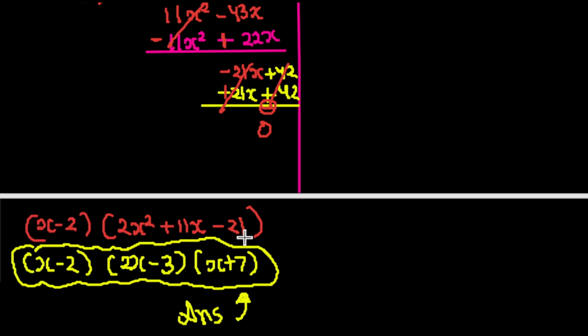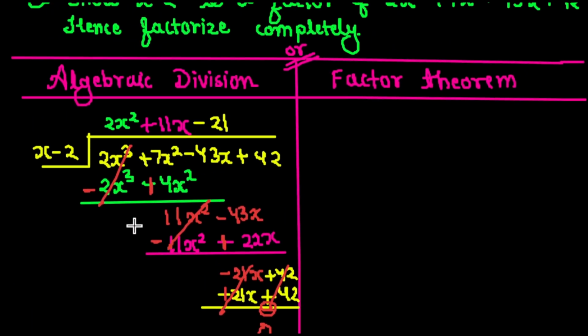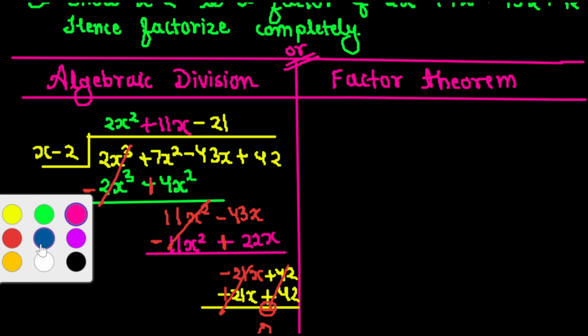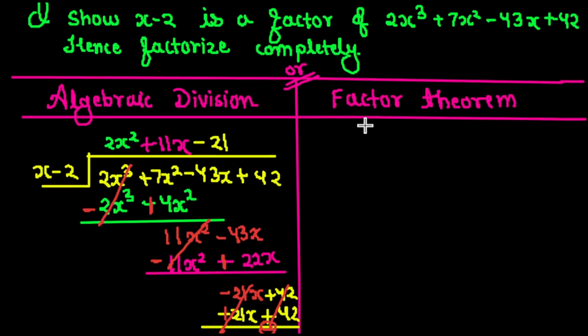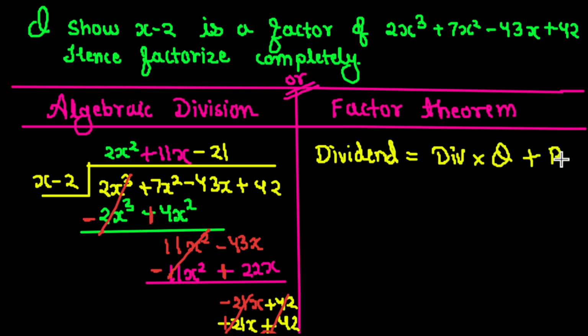Okay, let's check with another method, that is what we call the factor theorem. Now, the factor theorem is at places very easy to use, and it also depends on the question. So, in this part, you need to know that the dividend is equal to the divisor times the quotient plus the remainder.